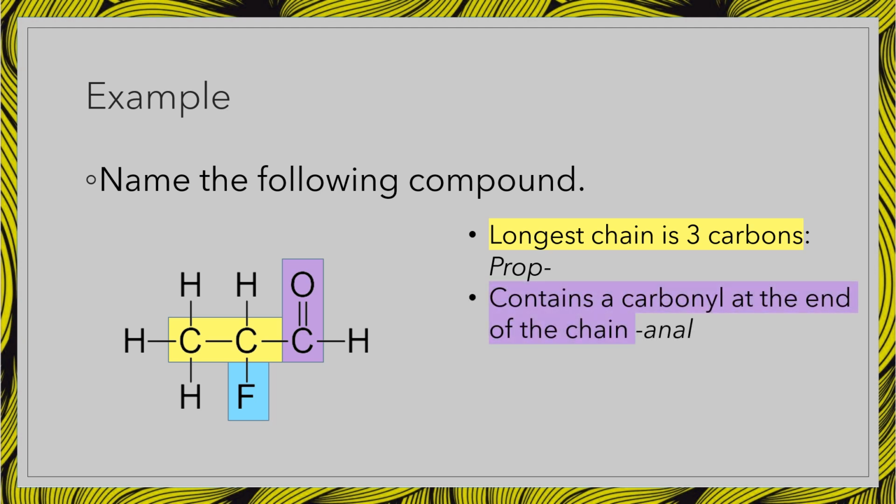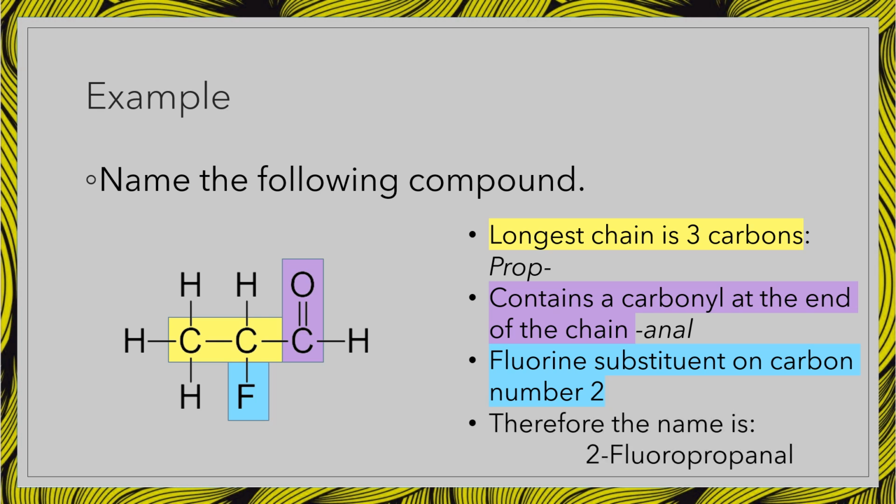It's got a carbonyl at the end of a chain, so it's going to be an -anal, so it's going to be propanal. We also have a fluorine that's on carbon number 2. So this one's going to be 2-fluoropropanal. Okay, so again, the 2-fluoro comes from the fact that the fluorine's on the second carbon, and we've got that carbon-oxygen double bond at the end of the chain.